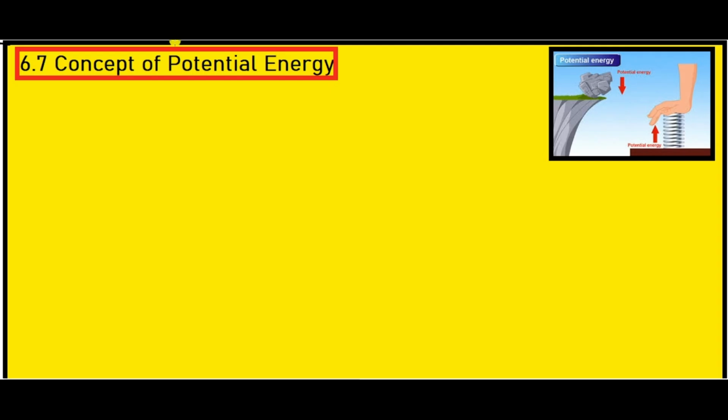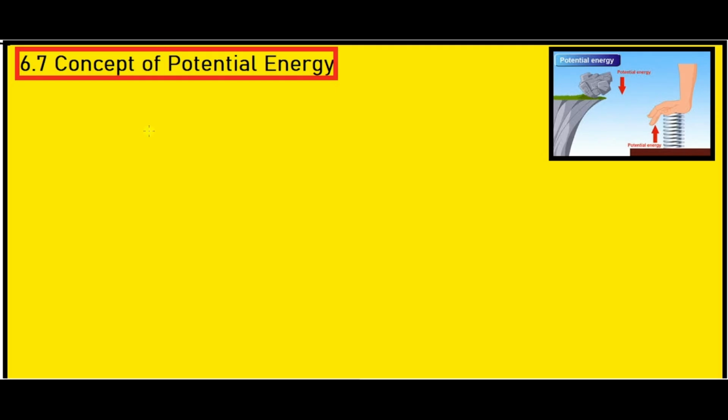This energy is called potential energy because it has the potential to be converted into some other form of energy. This form of energy can be converted into kinetic energy, mechanical energy, heat and light energy, etc.